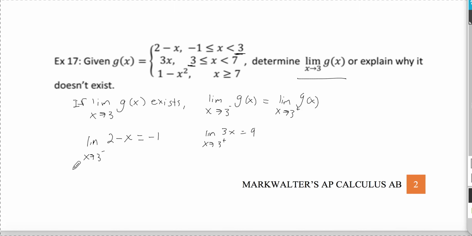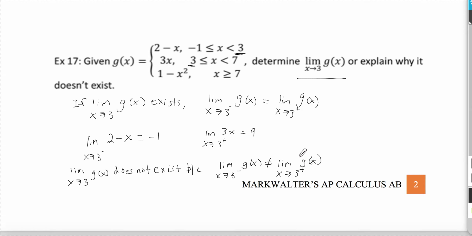And I can say then that the limit as x approaches 3 of g of x does not exist because the limit as x approaches 3 from the left of g of x does not equal the limit as x approaches 3 from the right of g of x. And whenever you're answering free response questions, we need to use all of our limit notation properly. You have to write this out. We can't just fudge it in words.